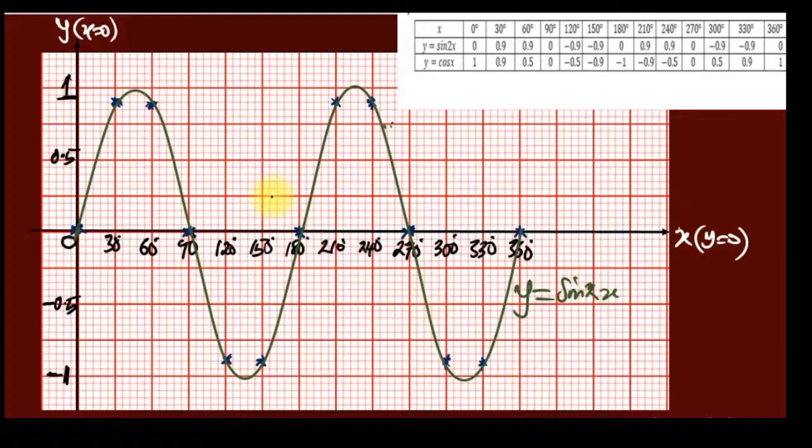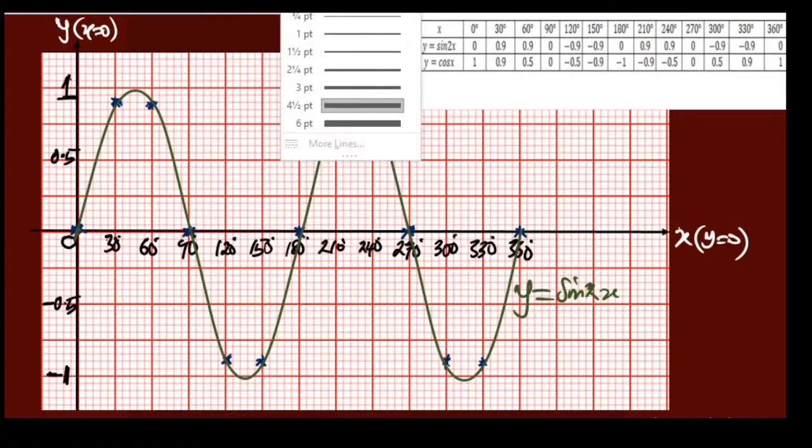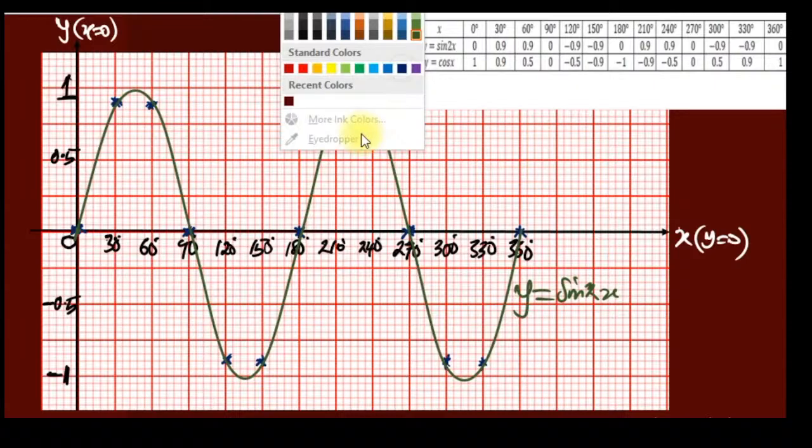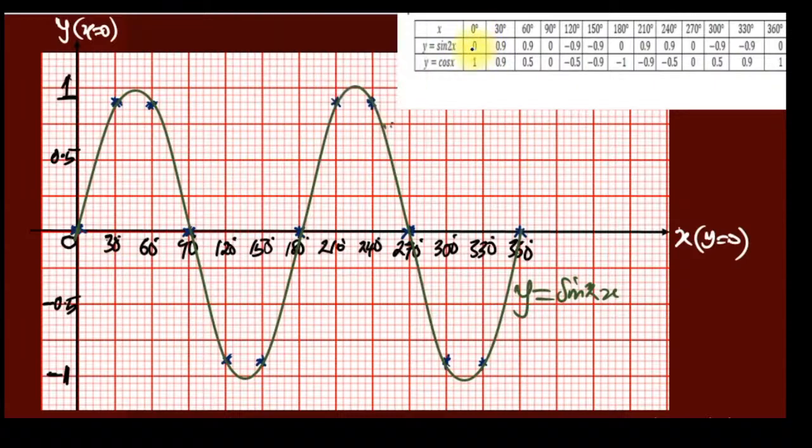So we'll locate the points. Let's use blue. So when x is 0, y is 1. That's the point. When it is 30, 0.9, so the same point as that.